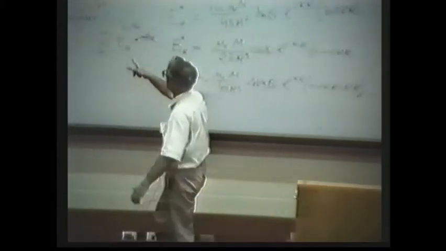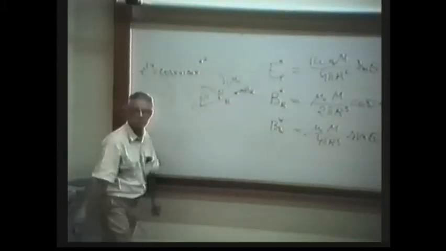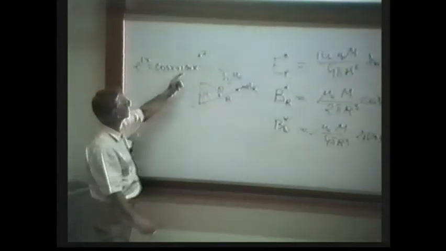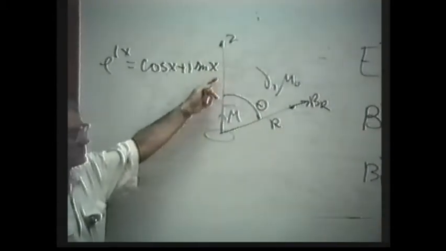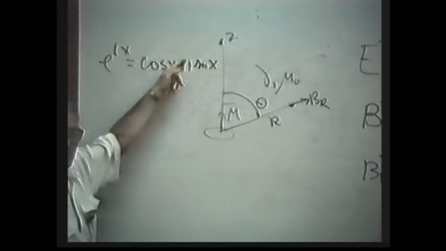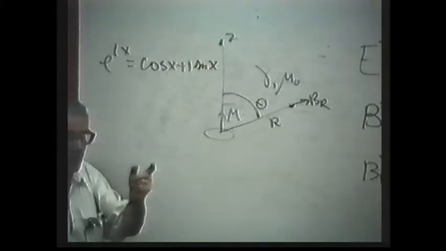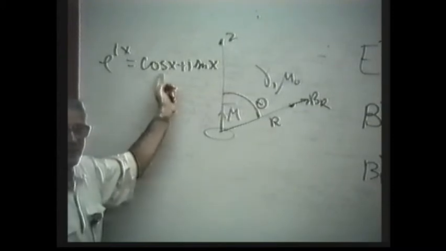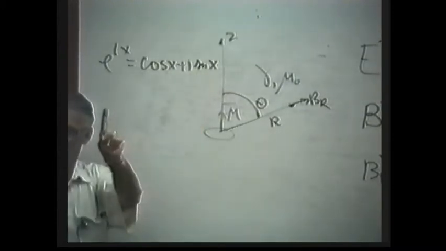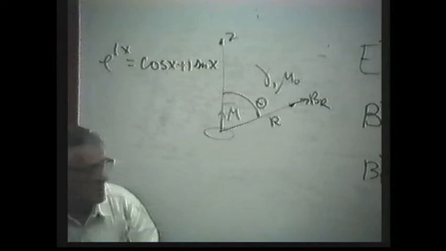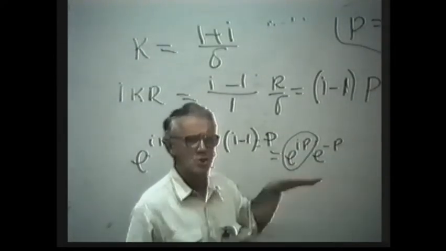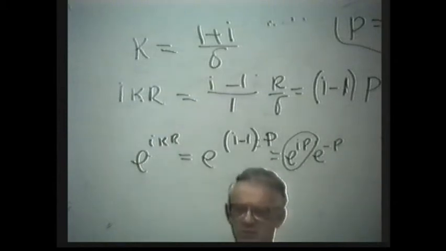Again, lovely expression. What is the magnitude of this number? For complex numbers, take the real part squared, the imaginary part squared, and add them together. What is cosine squared x plus sine squared x? 1, square root of 1. So this term shows you oscillation. This term shows you field decrease.